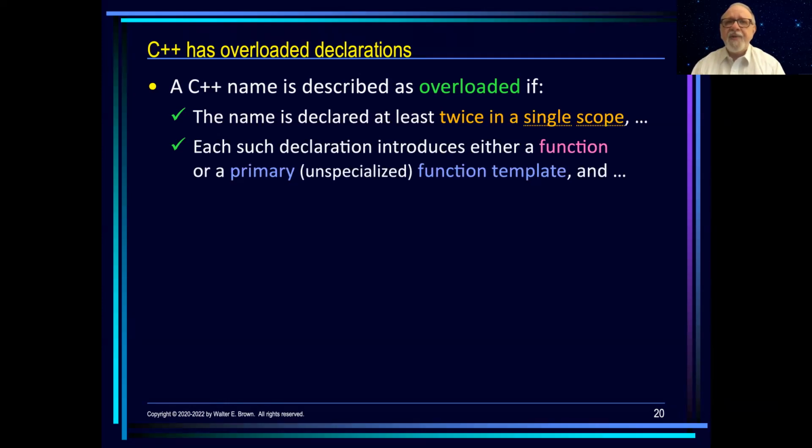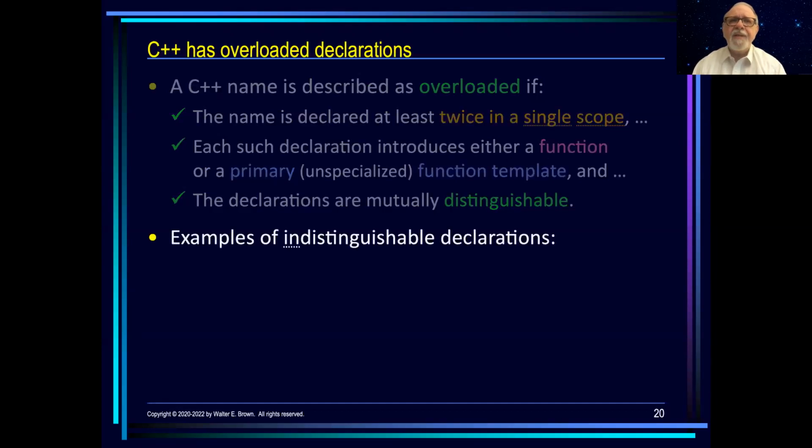Second, each such declaration introduces a function or a primary, namely unspecialized, function template. And third, the declarations are mutually distinguishable. So what do we mean by that? Well, let's kind of back into that for a moment. Let's look at some examples of what kinds of declarations are indistinguishable.